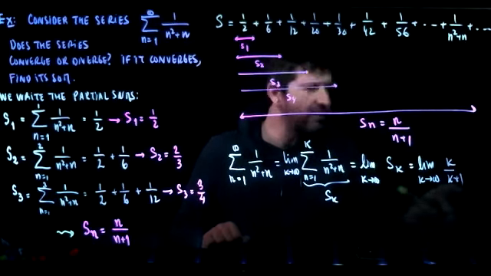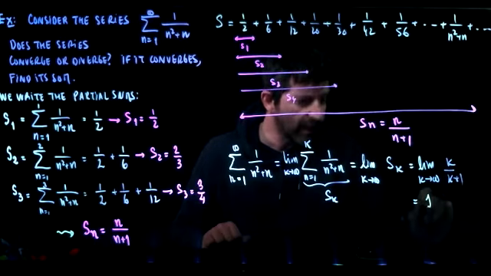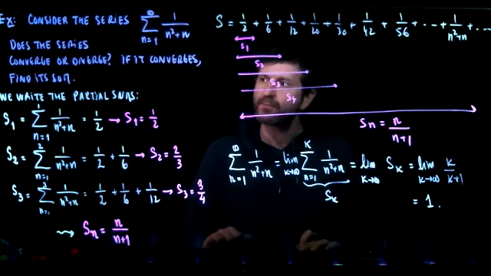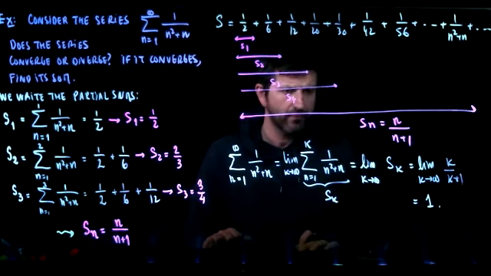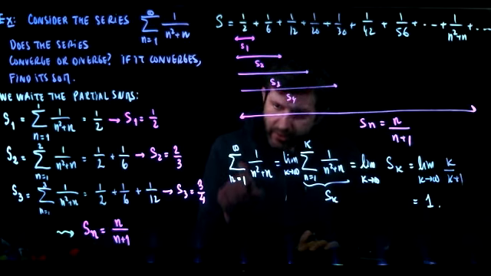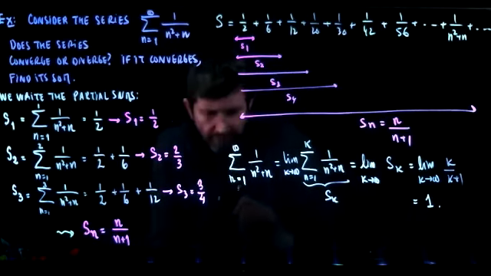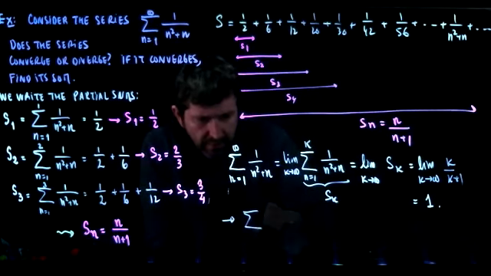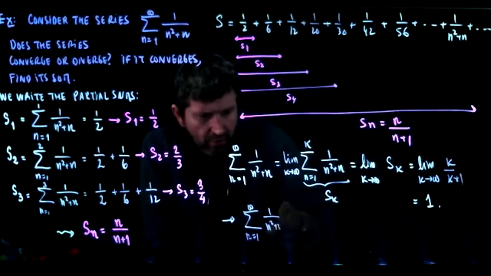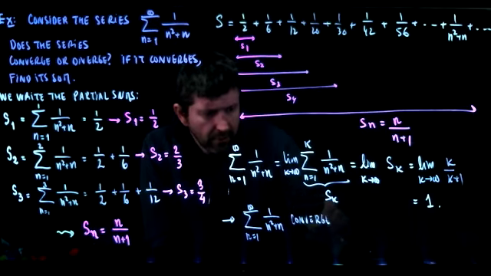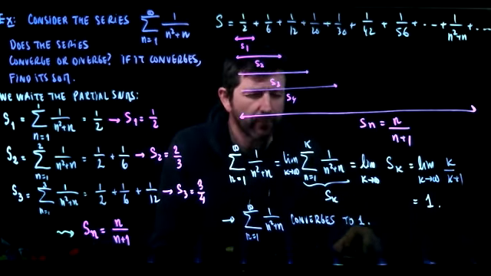That's a very easy limit to evaluate. It's infinity over infinity, you could use L'Hopital's rule, whatever you want, and I get 1. So my series converges to 1. Write it down: the series from n equals 1 to infinity of 1 over n squared plus n converges to 1.